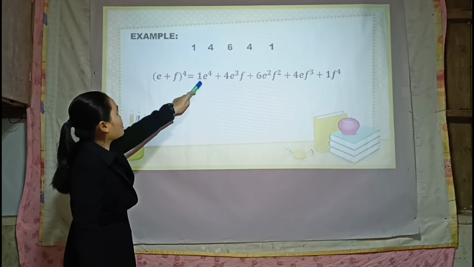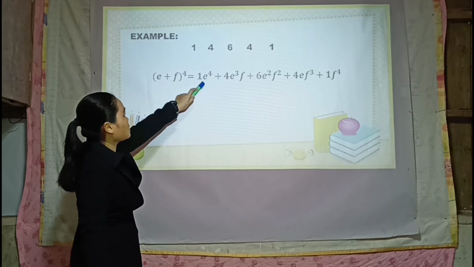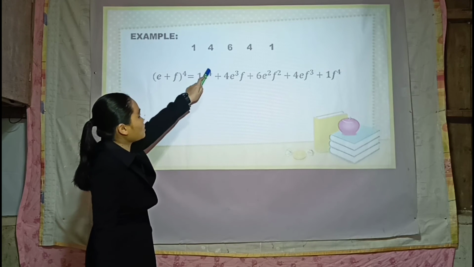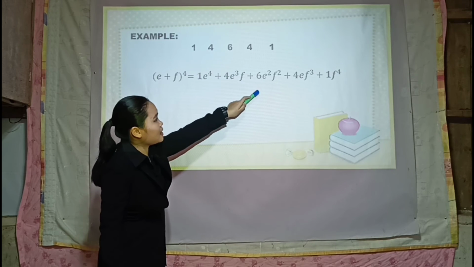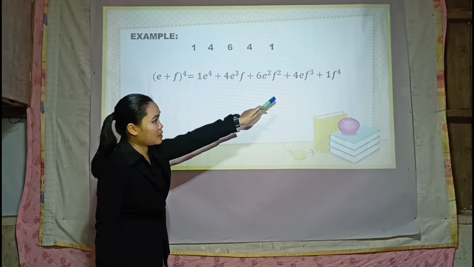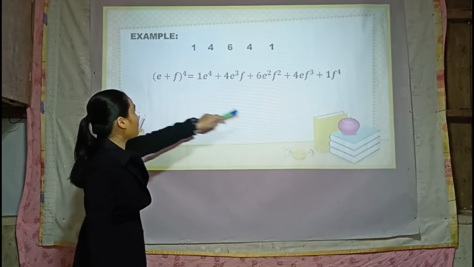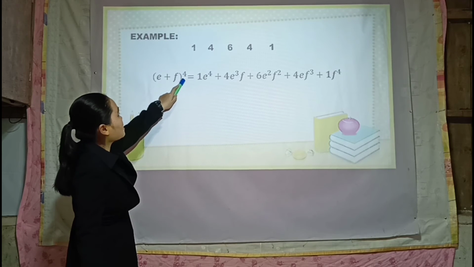So, here we have to distribute the values of a and b to the coefficients given. So, 1 e raised to 4 plus 4e cubed f plus 6e squared f squared plus 4e f cubed plus 1f raised to 4.